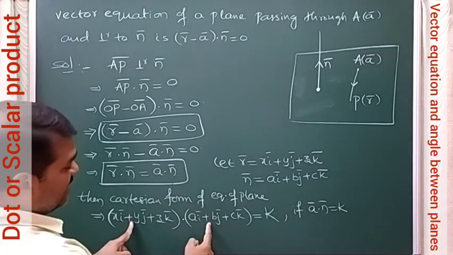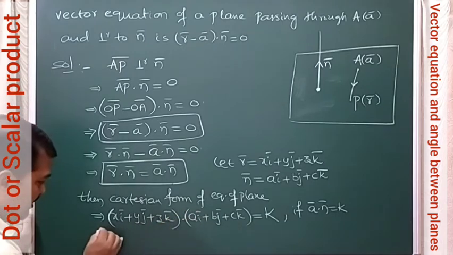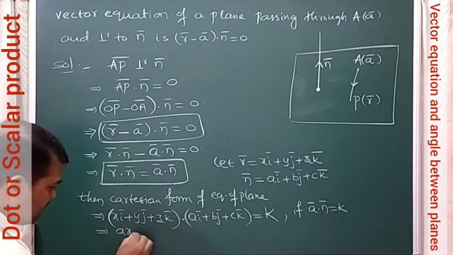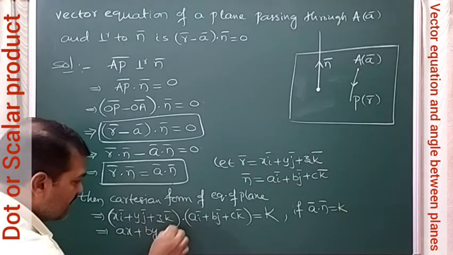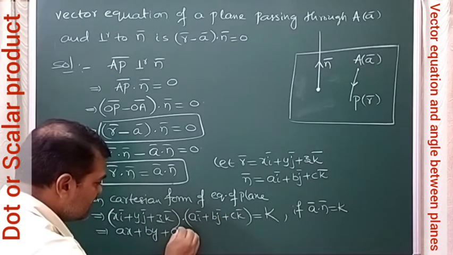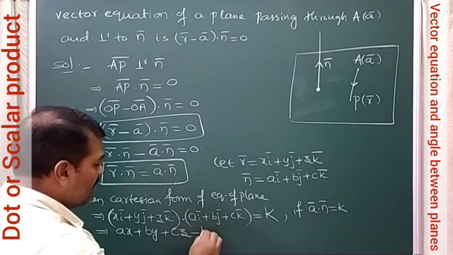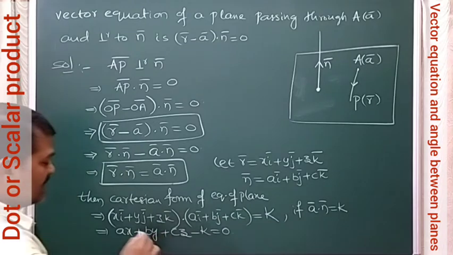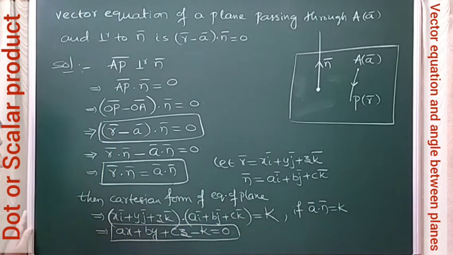Now perform dot product between these two vectors: multiply i bar terms, ax, multiply j bar terms, by, multiply k bar terms, cz, is equal to k, or ax plus by plus cz minus k is equal to 0. So this is the Cartesian form of equation of the plane.